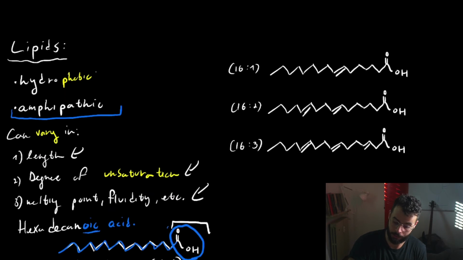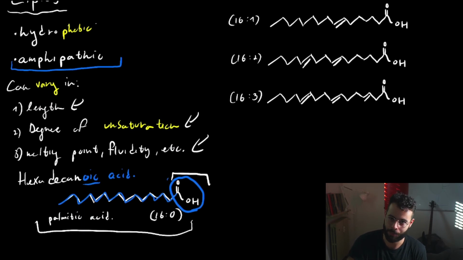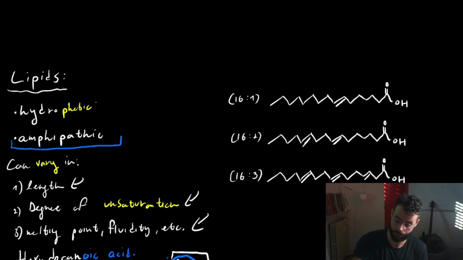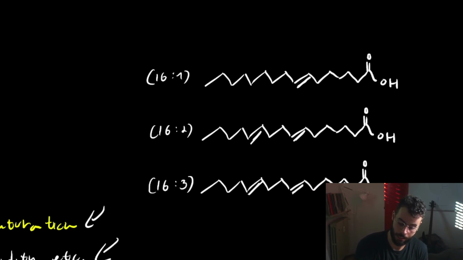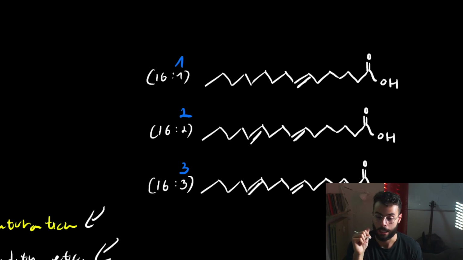The next 3 are a bit more complicated to name. So the nomenclature is as follows. This one has 1 double bond. This one has 2 double bonds. And this one has 3 double bonds. In the next video, I'm going to explain how to name based on the specific position of the double bond inside the molecule.